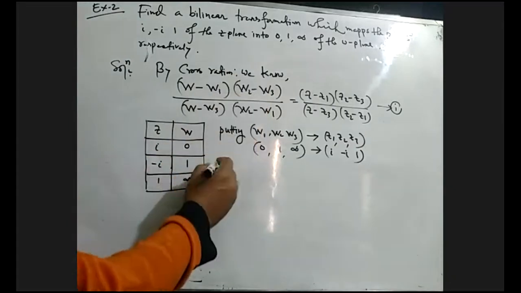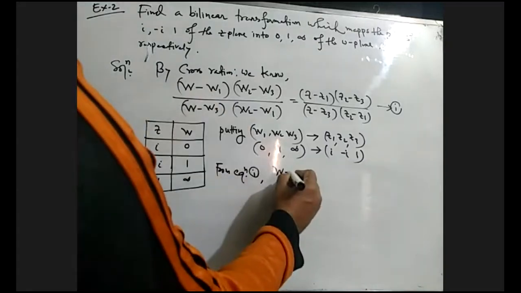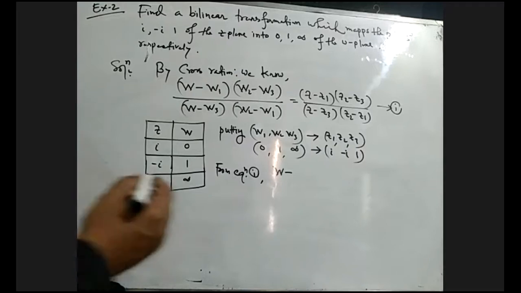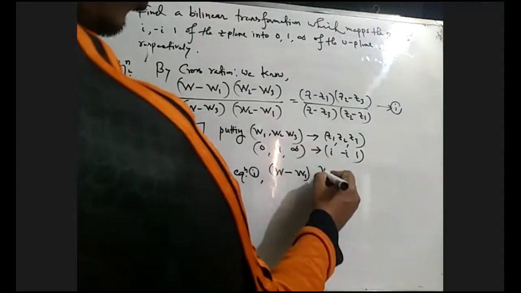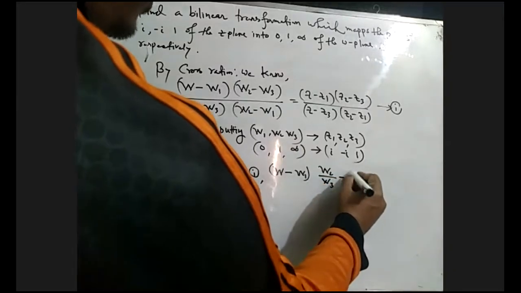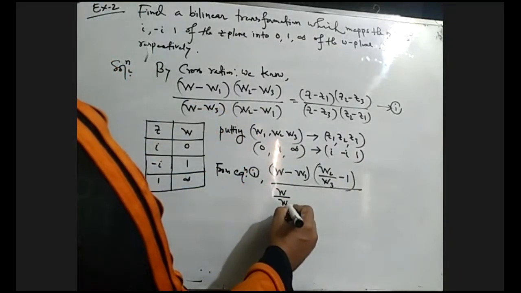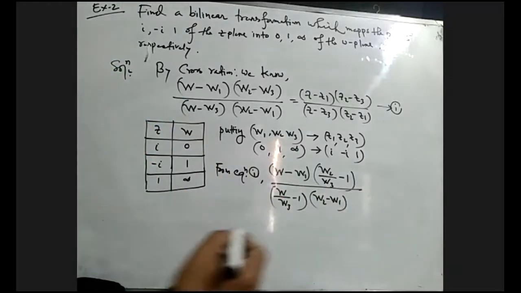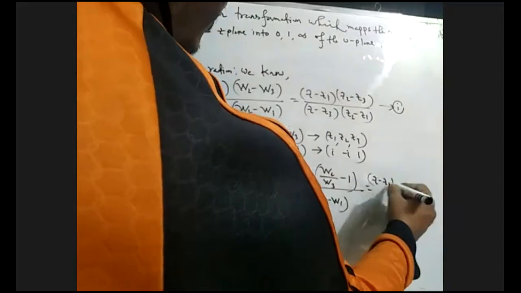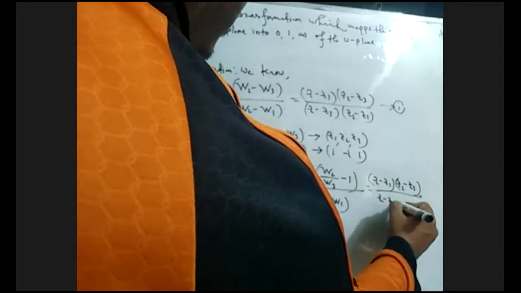So putting these values in equation 1, (W minus W1)(W2 minus W3) divided by (W minus W3)(W2 minus W1) equals the same, (Z minus Z1)(Z2 minus Z3) divided by (Z minus Z3)(Z2 minus Z1).